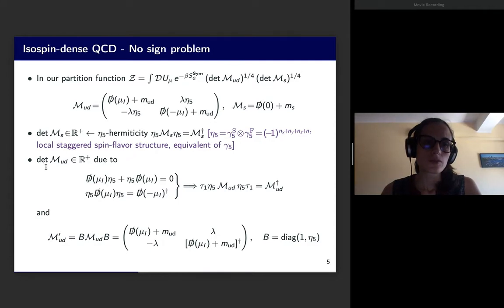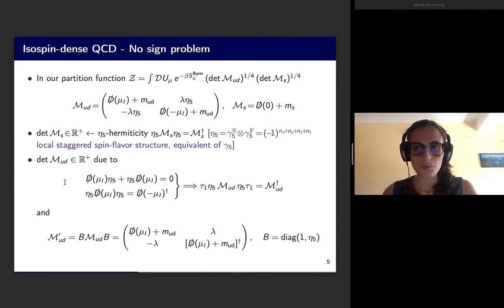And when it comes to the light sectors, in order to prove that we have reality and positivity, we need to count on 2 properties. One of these is the staggered equivalent of chiral symmetry, which in formula reads like that.